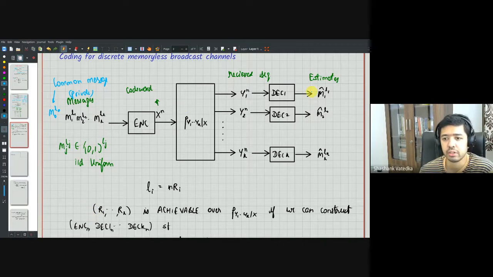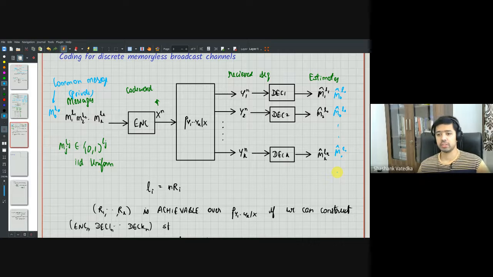And each receiver has to not only decode its own private message, but also decode the common message.